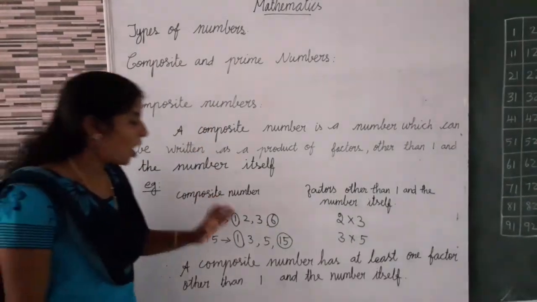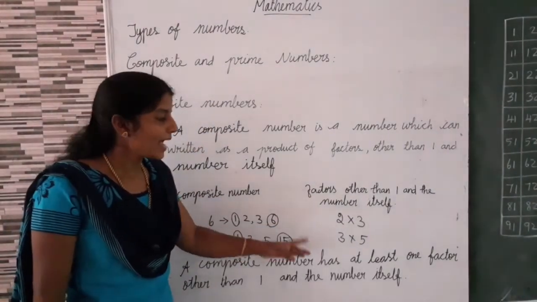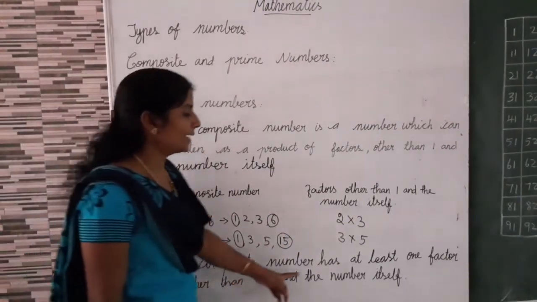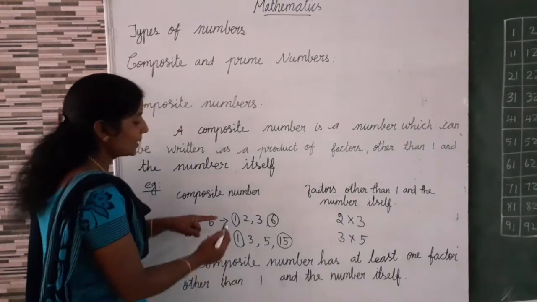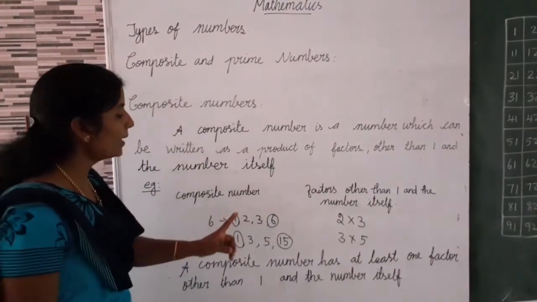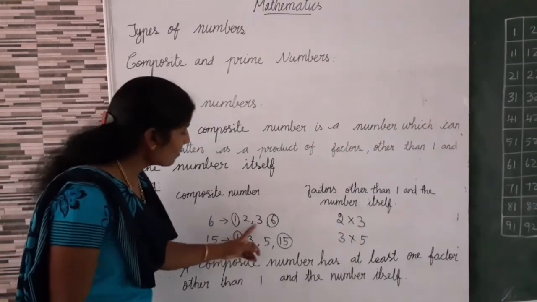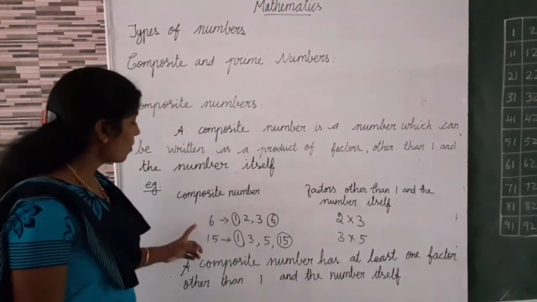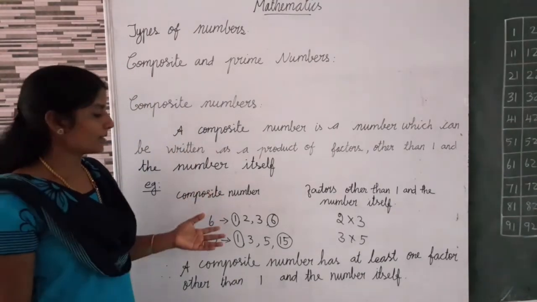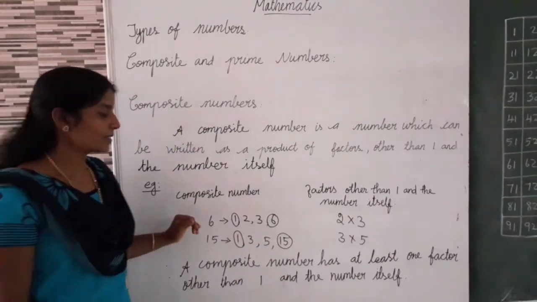A composite number has at least one factor other than 1 and the number itself. Here we have 2 factors, isn't it? So these numbers are composite numbers. Are you clear?